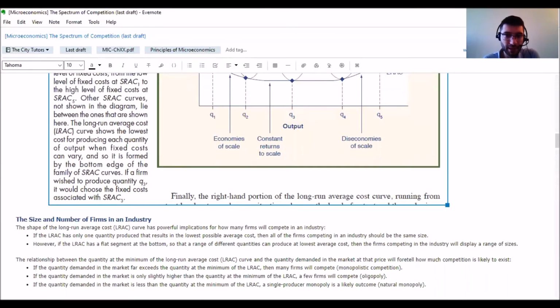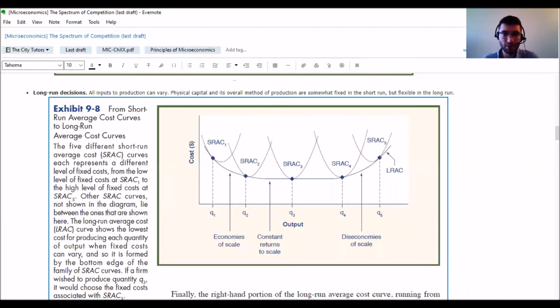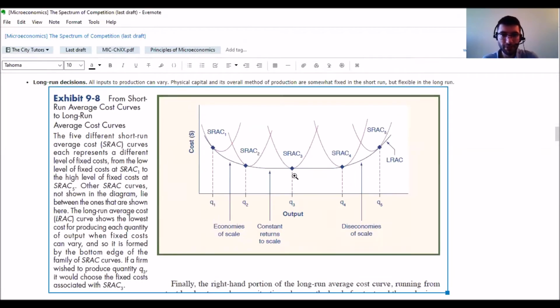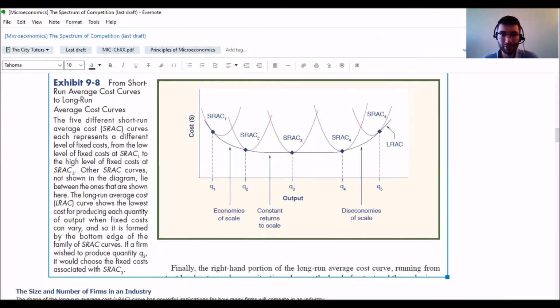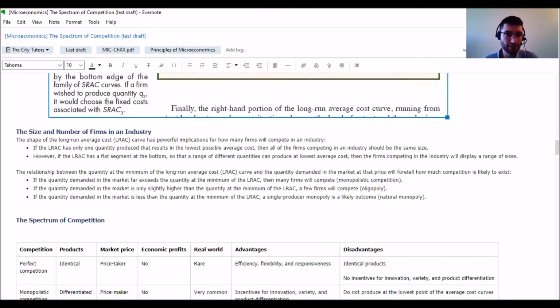And if that's the case, then all the companies will have the same size, because they will all be producing at the minimum of the long-run average cost curve. They will all choose to produce the same amount, the same output, the same quantity.